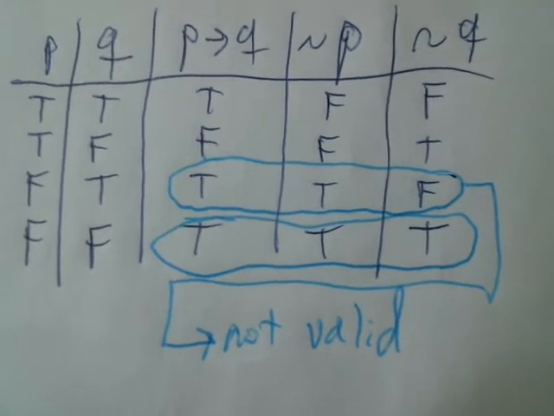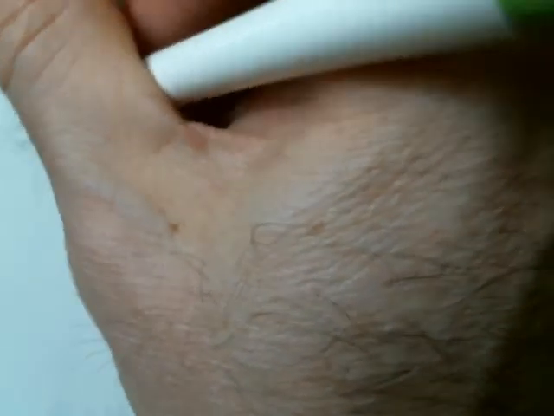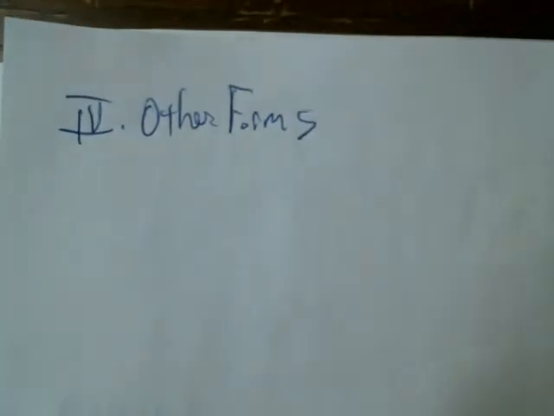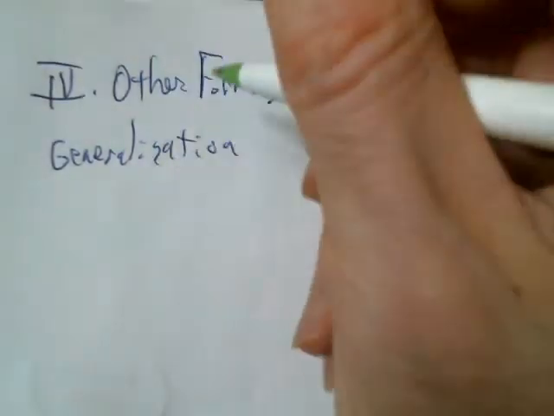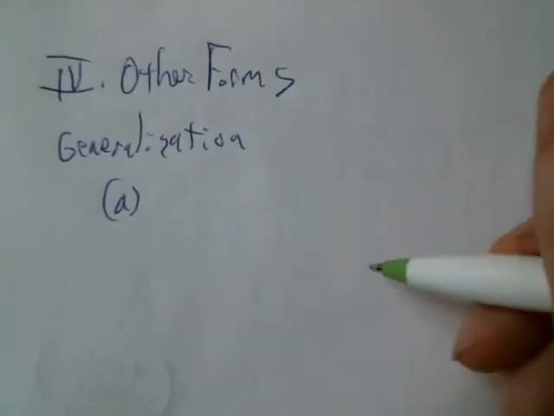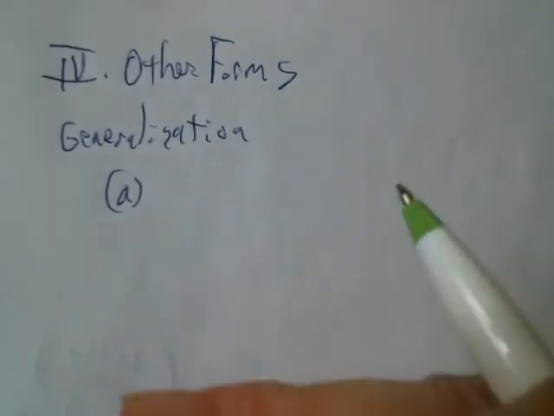Okay, other common argument forms that I hope eventually you have memorized. I think this is section 4 in my notes. The generalization. So basically, if you're given a statement, you can use a disjunction to make it bigger.